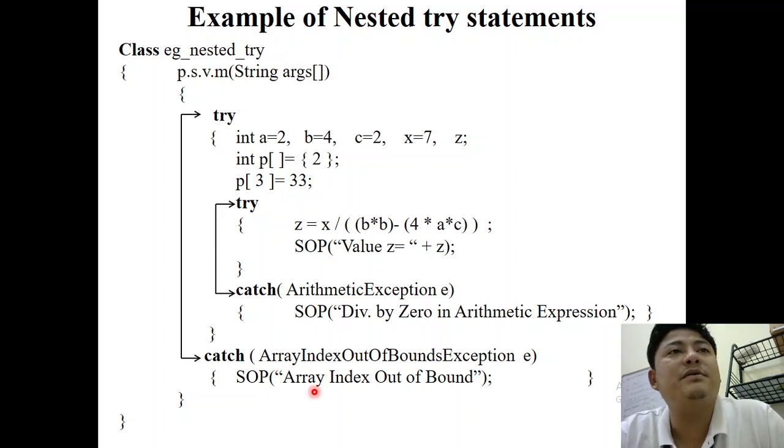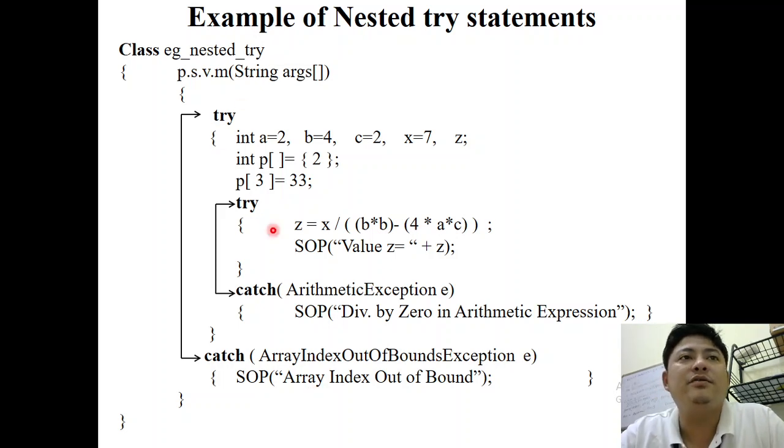Whenever you write a Java program, you can have multiple nested try statements, which states that you can have one or more try statements inside another try statement. In this example, I have kept only two try blocks. Only two, but you can have one more inside this also, that's up to you.